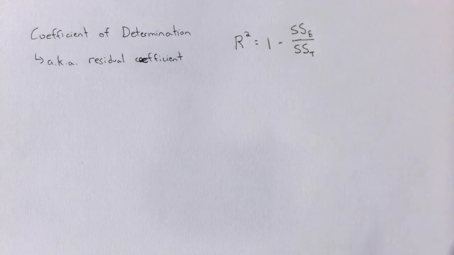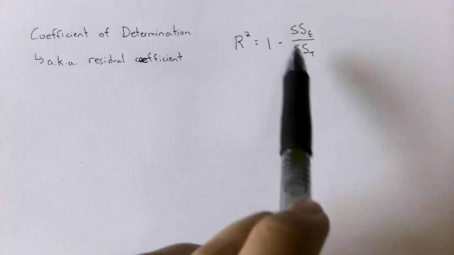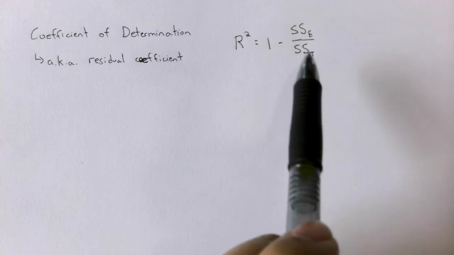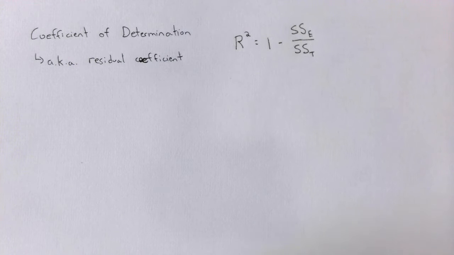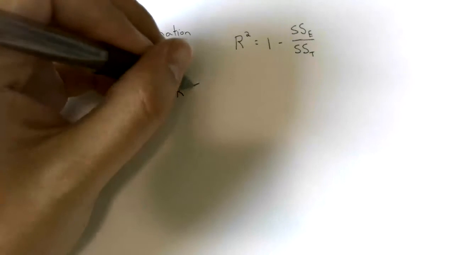If we analyze these values, then we know that this ratio is going to be a number between 0 and 1. And what that means is that my R squared value is also a number between 0 and 1. We typically define R squared as the amount of variability in the data that can be accounted for in our model.